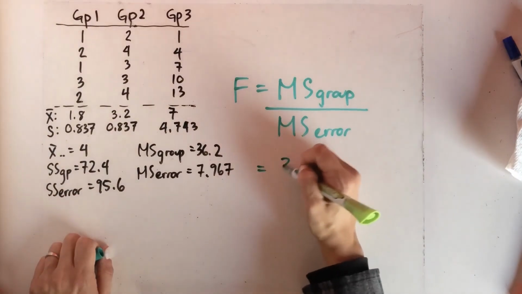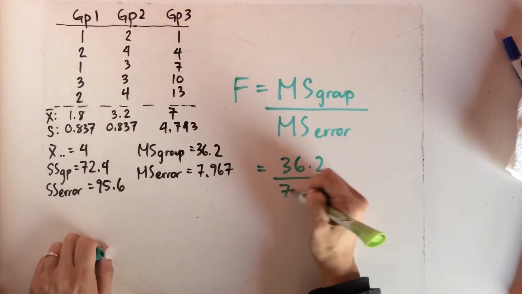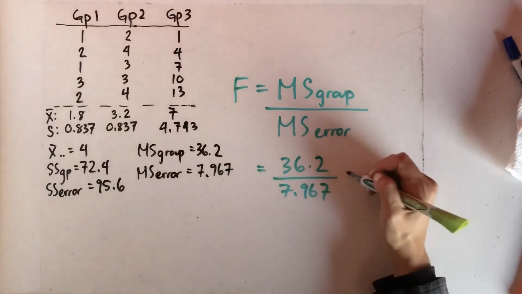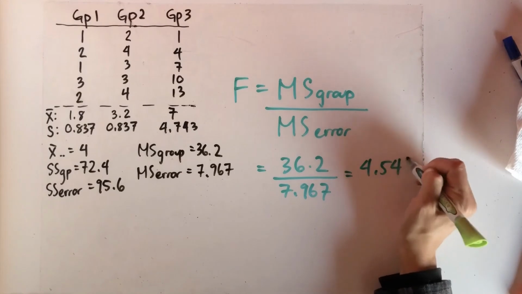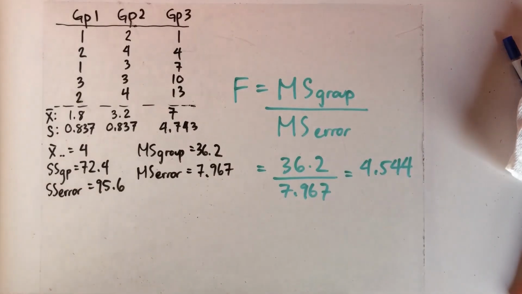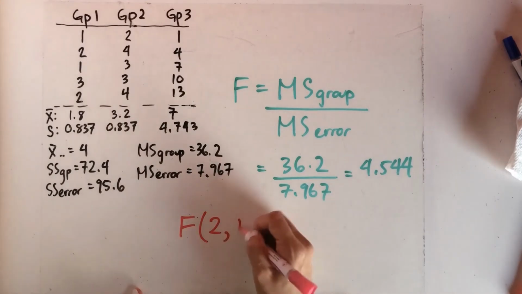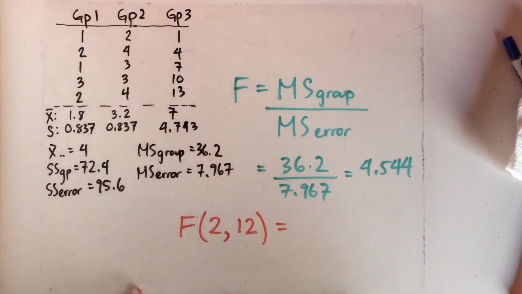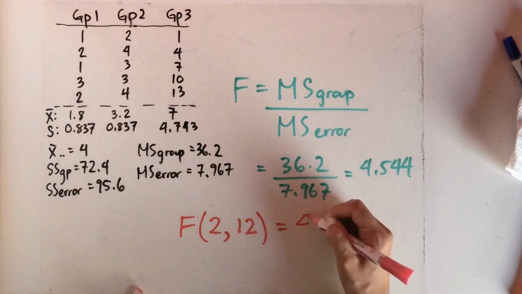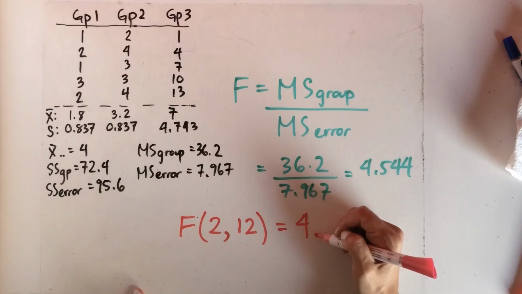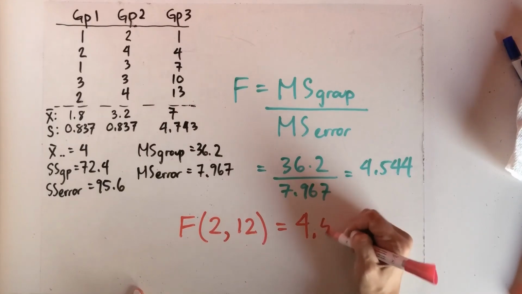And so we get 36.2 divided by 7.967, and that gives us 4.544, rounded to 3 decimal places for good measure. However, when we are going to report our result, we are going to have an F, degrees of freedom group, comma, degrees of freedom error, and that is going to be set equal to our F ratio, F value, F statistic, whatever you want to call it. And that is going to be rounded to 2 decimal places.